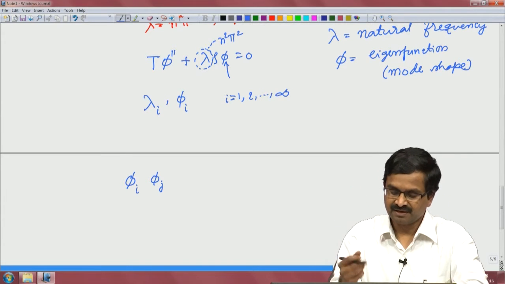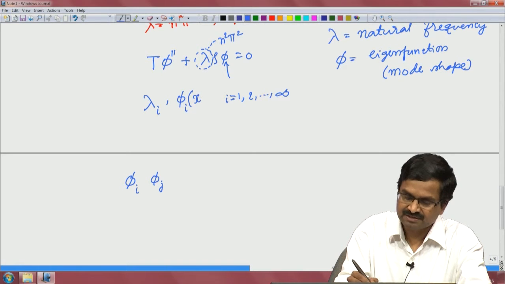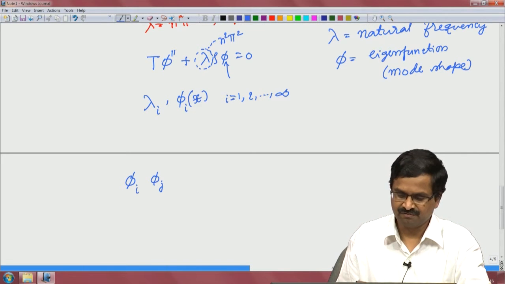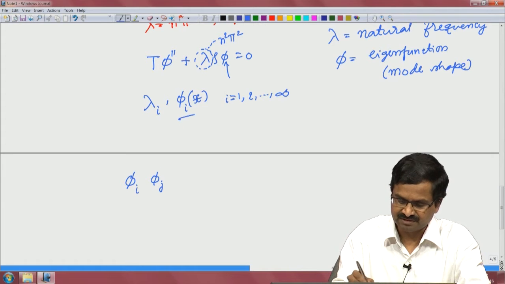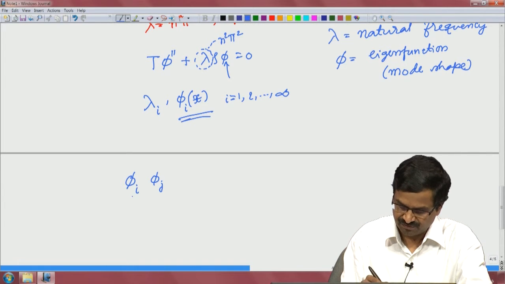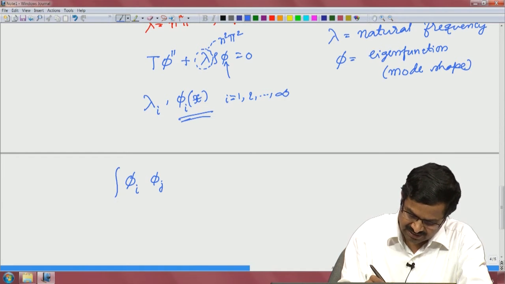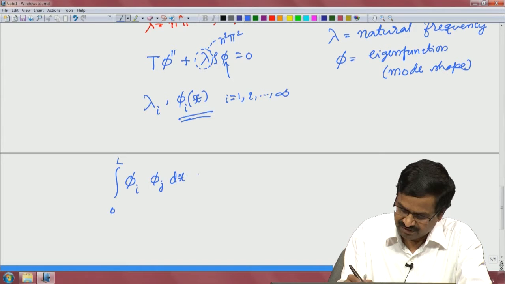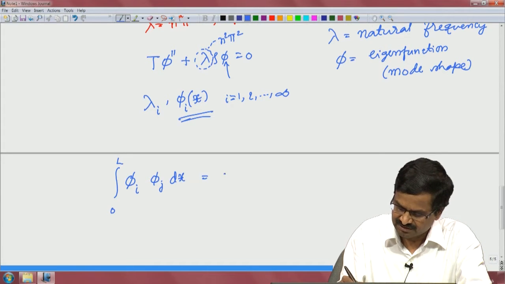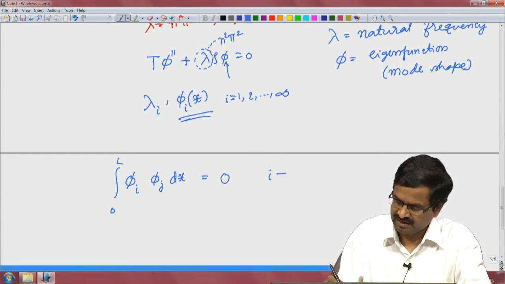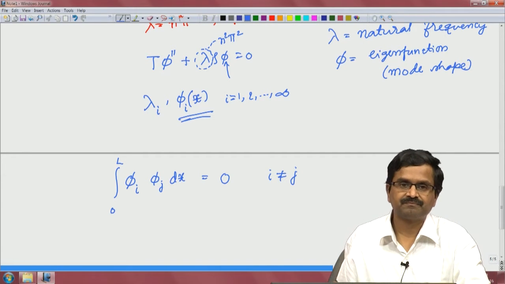Similarly, we can talk about two functions being orthogonal. What does that mean? Here these phi i's are functions of x. When I take two eigenfunctions phi i, phi j, I would say that they are perpendicular to each other if this product is 0 for i not equal to j.